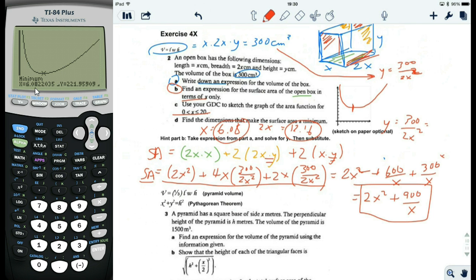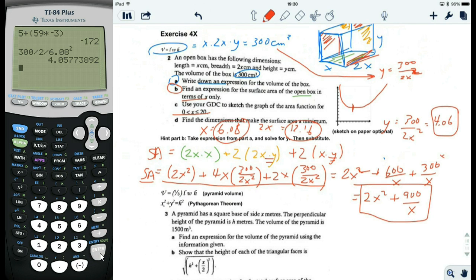So let's calculate that: 300 divided by 2 divided by x squared, which is 6.08 squared. 4.06. So the dimensions of the box to make the surface area minimum are 6.08 times 12.16 times 4.06.